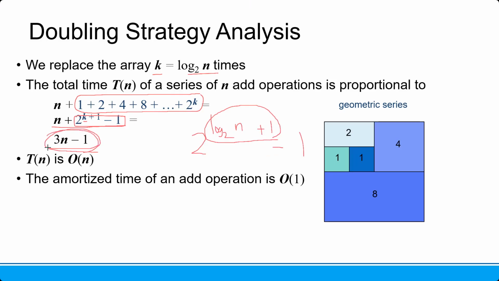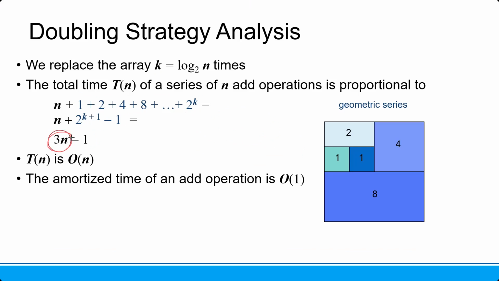If we have 2n minus 1, it means this is O n. So the amortized time, which is Tn divided by n, is n divided by n, which is 1. So when we use the doubling strategy, the big O will be O 1. Which one is better, the doubling strategy or the incremental strategy?